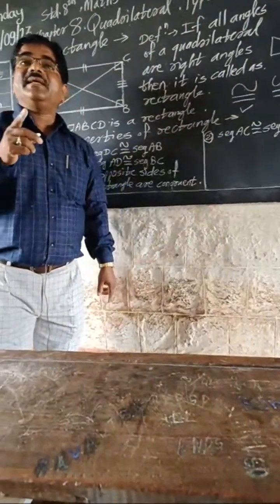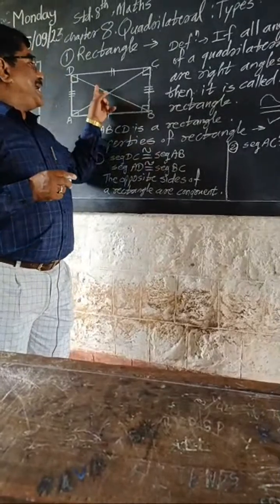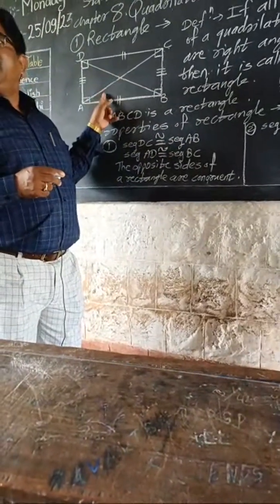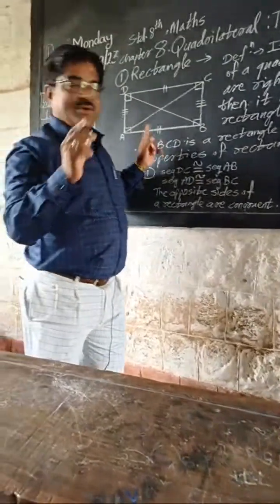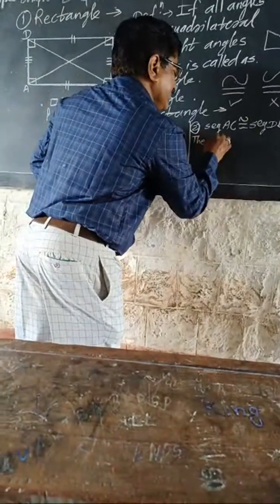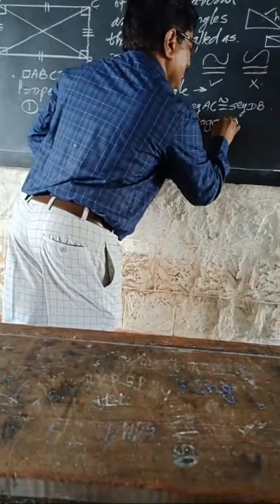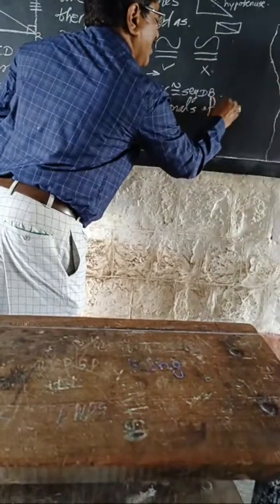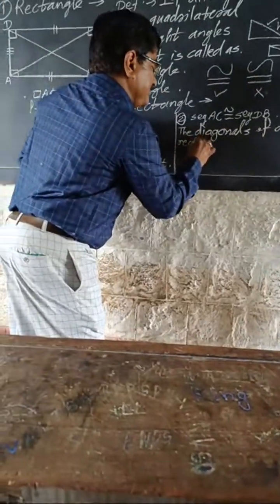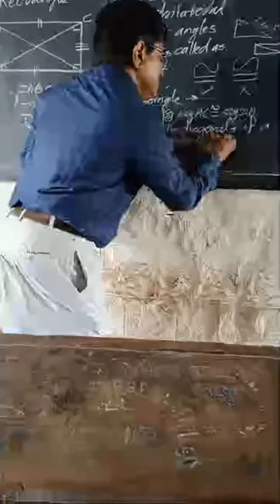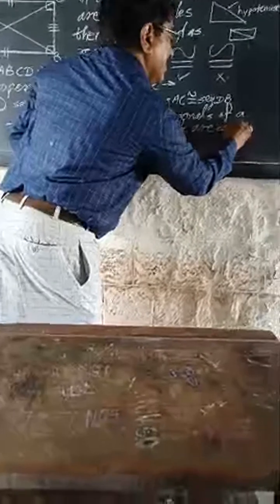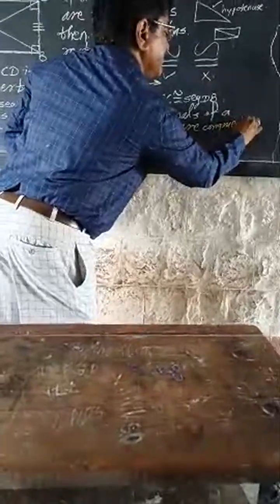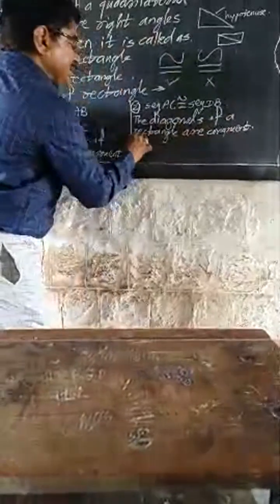What is the property? The diagonals of a rectangle are congruent. That is the second property.